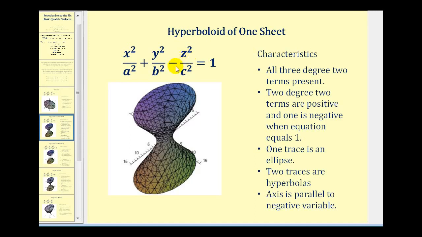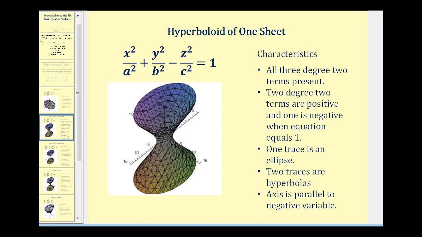Now, it doesn't always have to be the z squared term that's negative, but 2 are positive and 1 is negative. For a hyperboloid of one sheet, one of the traces will be an ellipse, 2 of the traces will be hyperbolas, and the axis is parallel to the negative variable. So here we see a negative z squared term, and the axis for this is parallel to the z-axis.